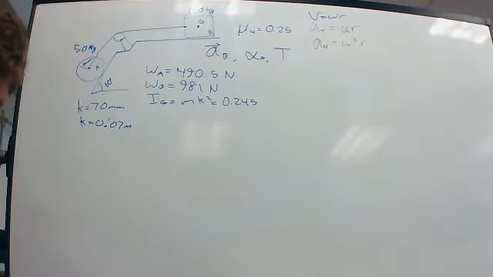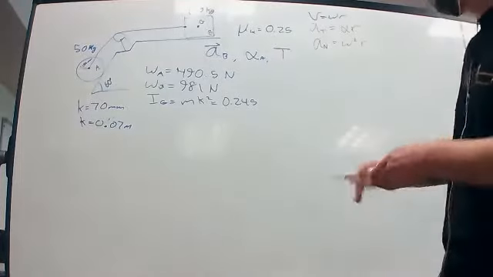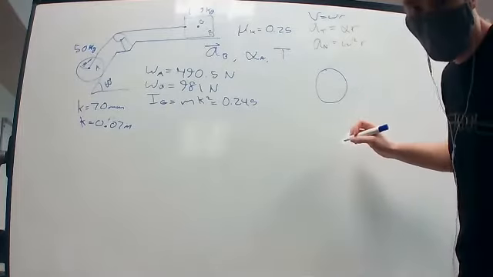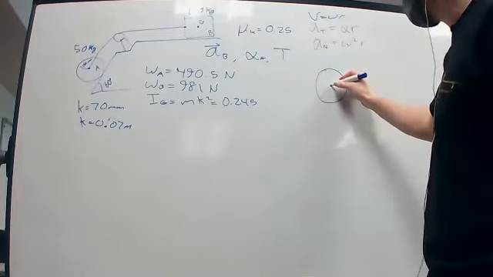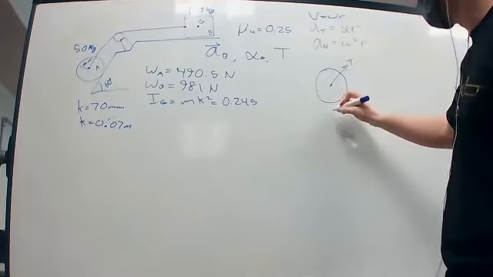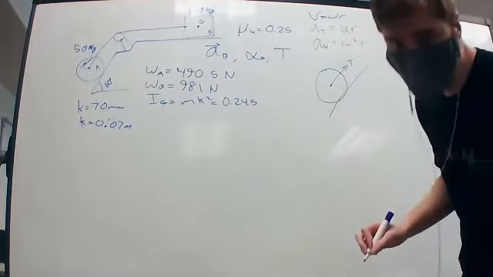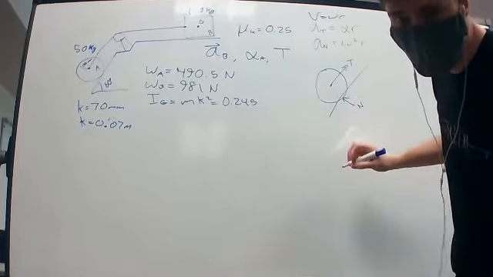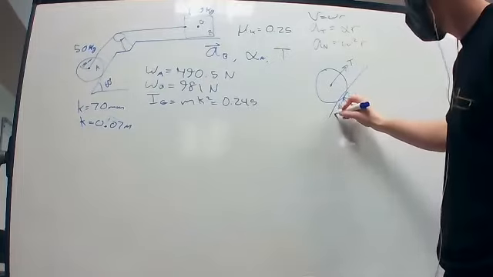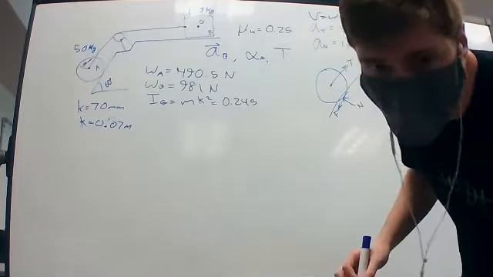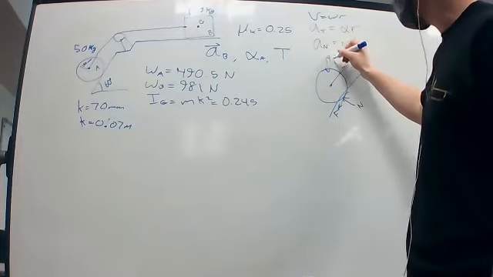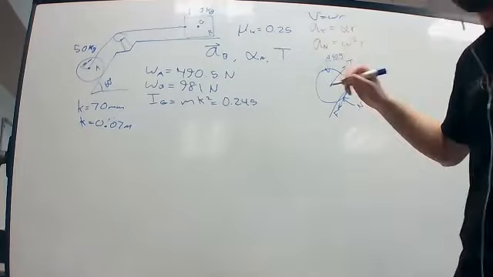So once we got all of our basic information, we can move on to doing our diagrams. So we'll do the wheel first. We have a free body diagram of the wheel. Here's the center. We have tension moving like this along the surface. We're going to have the normal force, a friction, and a weight of 490.5.